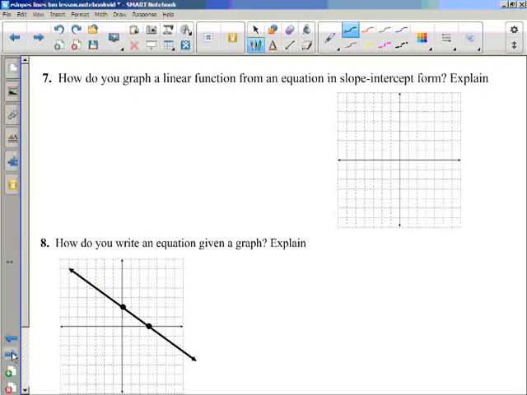How do you graph a linear function from an equation in slope-intercept form? Well, this is moving to the next level now that we understand how slope works and how points change from point to point. How do you graph them? If you have slope-intercept form, you have something like y equals 2/5 x plus 1.